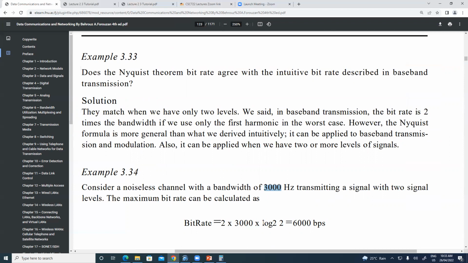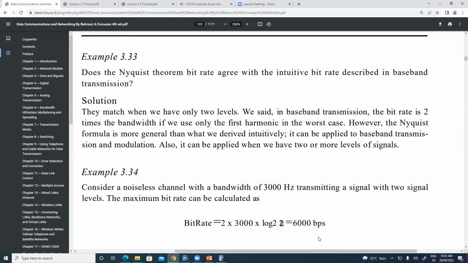So with the log base 2 of 2, the result is equal to 6000 bps. And how it is done? 2 times 3000 times log base 2 of 2, with 2 signal levels. So 2 times 3 is of course 6000 times log 2.